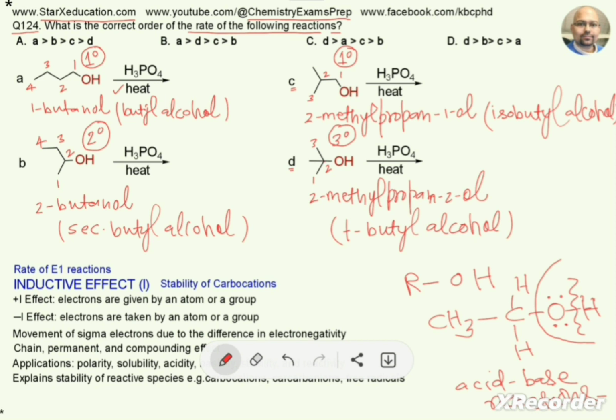So in these cases we have phosphoric acid as a reagent. So apparently there would not be an acid-base reaction. So the possibility is the substitution reaction or the elimination reaction. And because for substitution reaction there must be a very good nucleophile present, which in this case of H3PO4 is not available. Therefore the reaction would be the dehydration reaction.